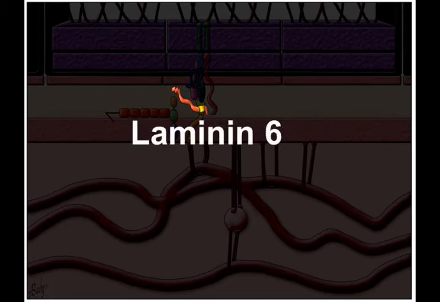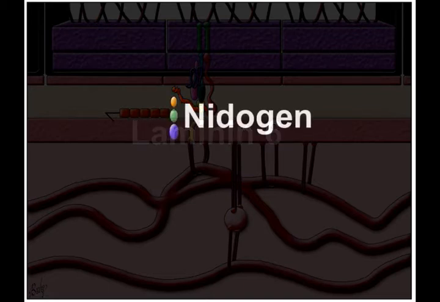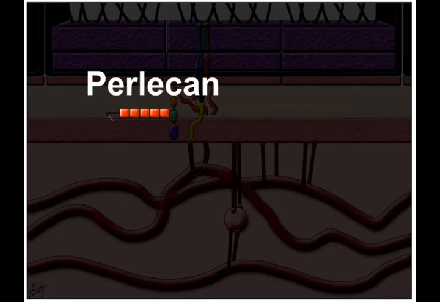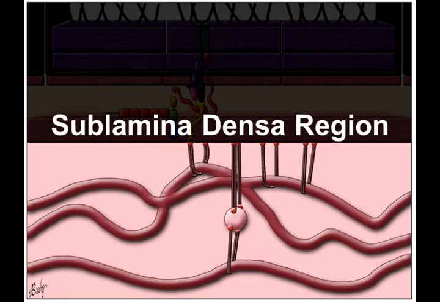Laminin 6, nidogen, perlecan, which is also known as basement membrane zone specific heparan sulfate proteoglycan core protein. And then the sublamina densa region, where again we'll see more antigens key in immunobullous disease.